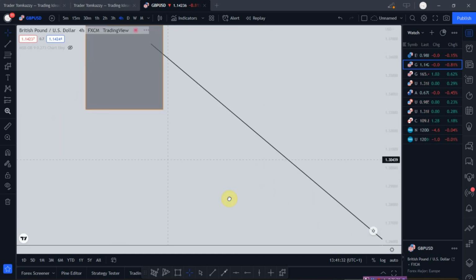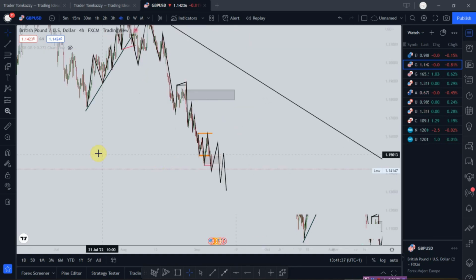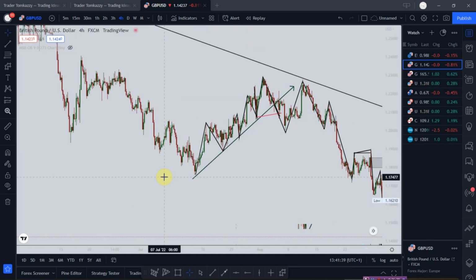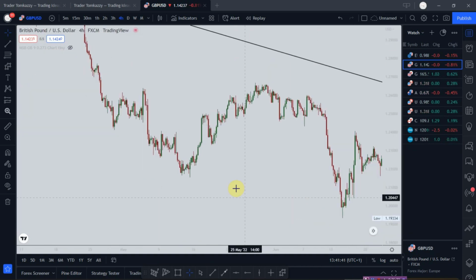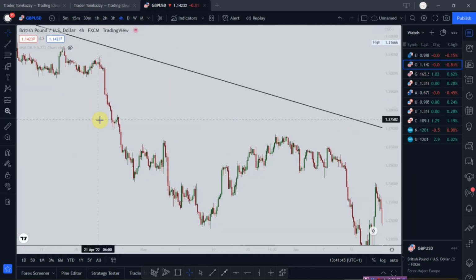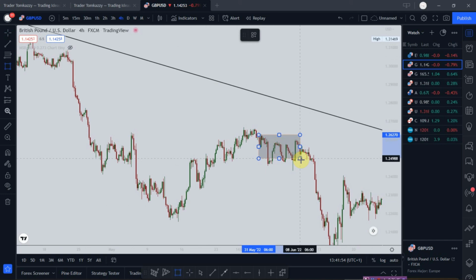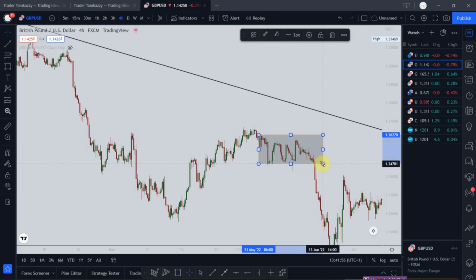They will consolidate. There is a short one here, but then it is too short for me. We start from over here.